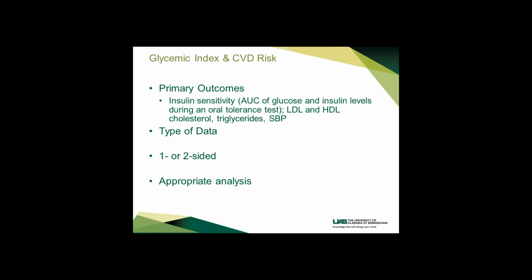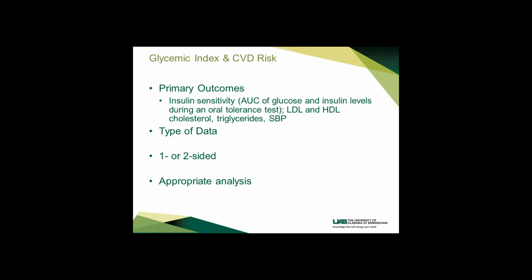So they're looking over time, they're measuring the levels, and then they're taking the area underneath that curve. They also are looking at LDL, HDL cholesterol, triglycerides, and systolic blood pressure. So three cholesterol measurements, not surprising for a dietary study, and then systolic blood pressure. So those are their risk factors for cardiovascular disease and diabetes.